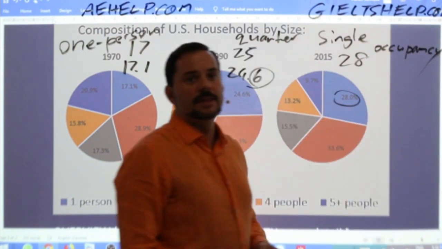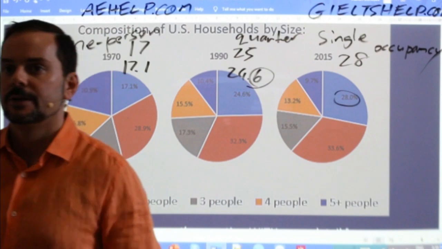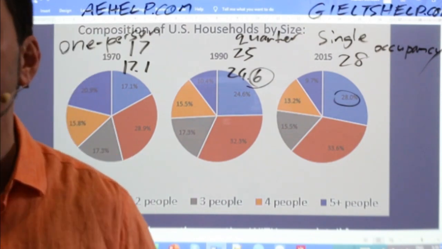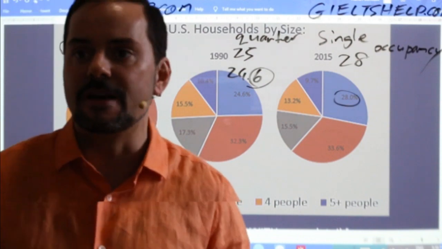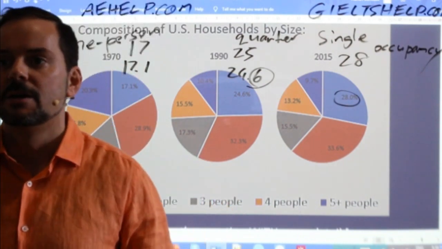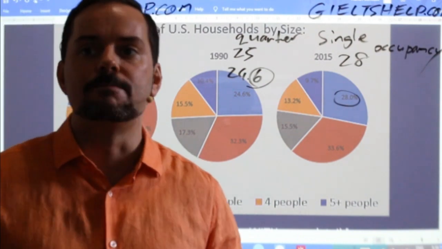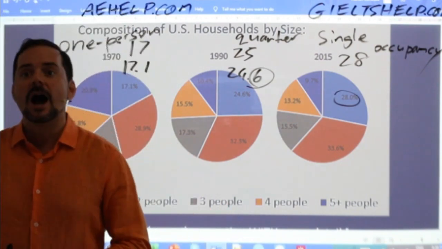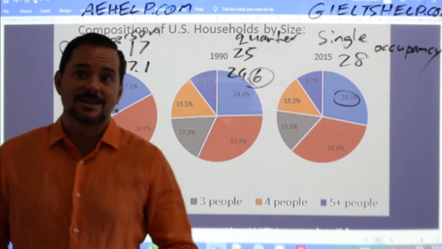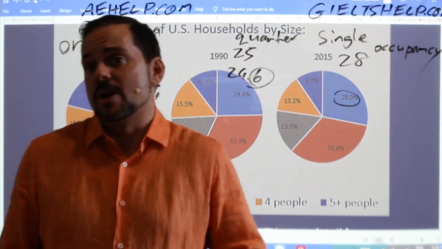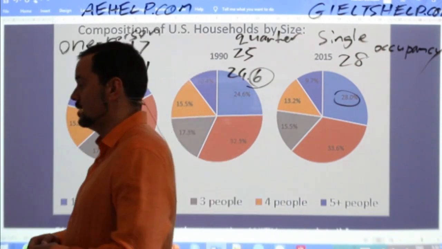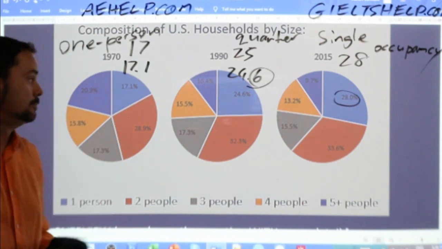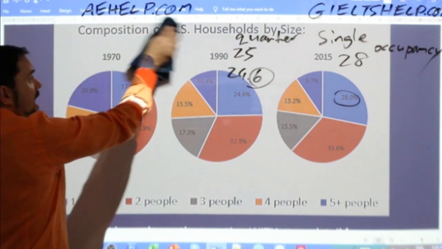That's your vocabulary. Zaid says 1-person type homes were less than 1/5 in 1970, but it was around 1/4 in both 1990 and 2015. Very good. Okay, Zaid, I love it. I think that's a great description. Really nice expository writing.